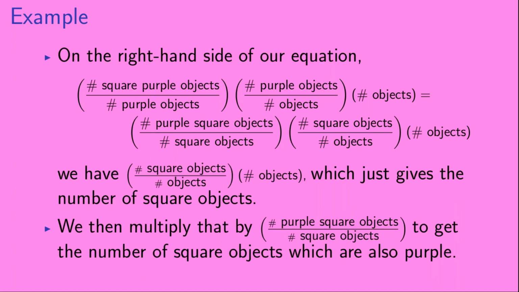On the right-hand side of our equation, we have the number of square objects over the number of objects times the number of objects, which just gives the number of square objects. We then multiply that by the number of purple square objects over the number of square objects to get the number of square objects which are also purple.